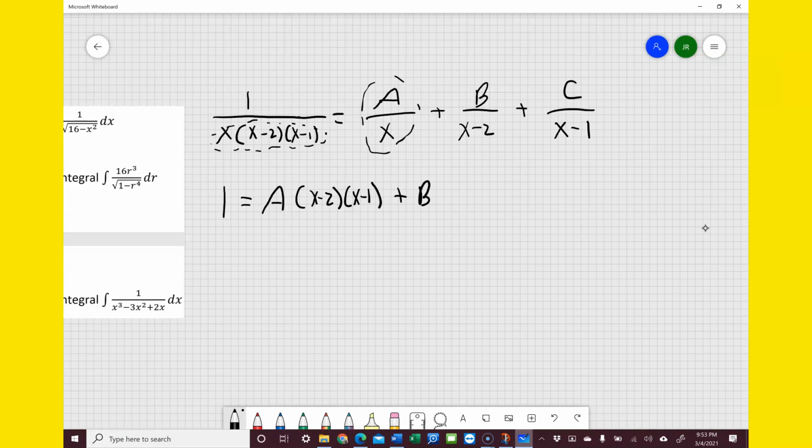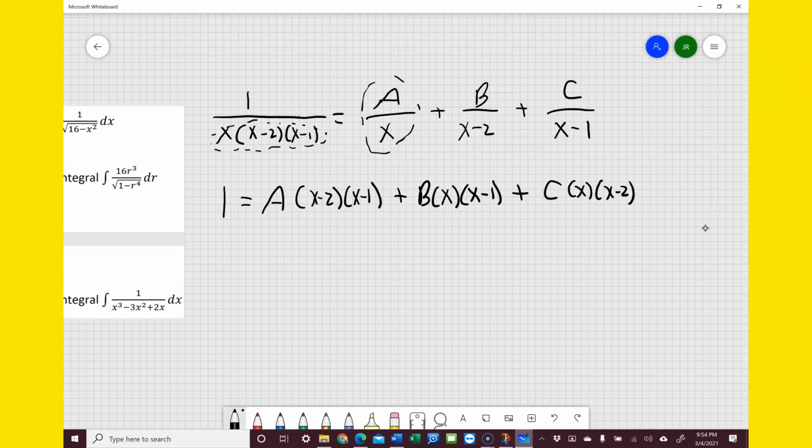So it's B times x minus 1. Plus, in this fraction, the x minus 1 will cancel, but I'm still left with the x and the x minus 2. So C times x minus 2.